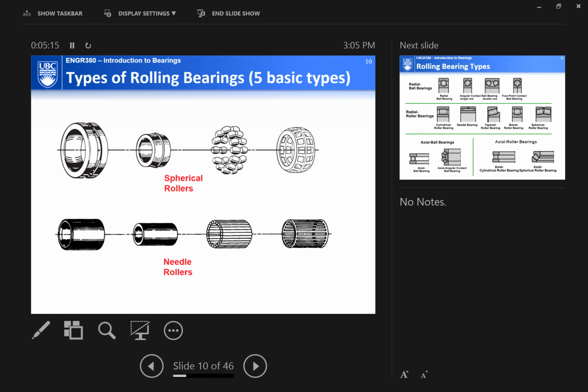It's very useful if you have limited space at the bearing location and you also want it to carry a significant amount of radial load. Needle roller bearings are the best type for that situation.